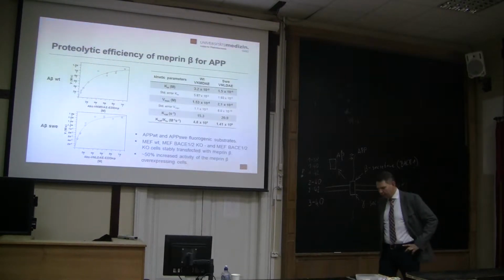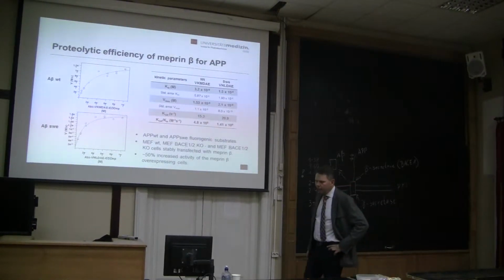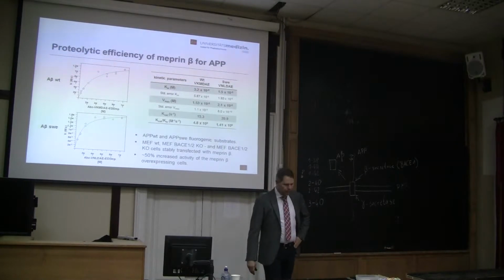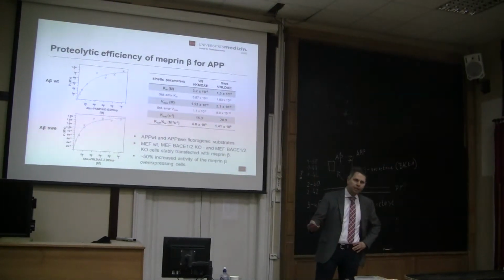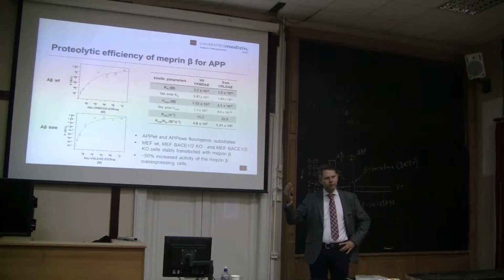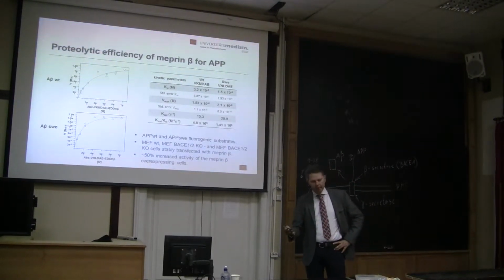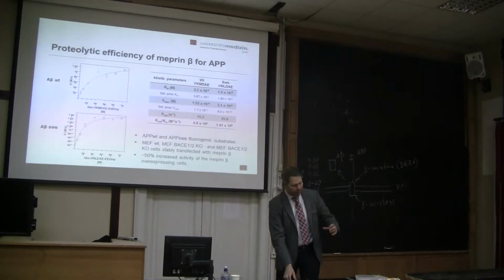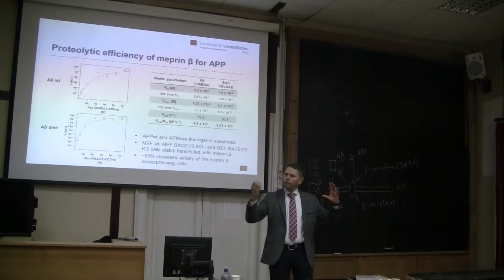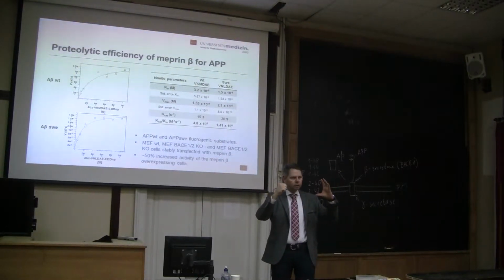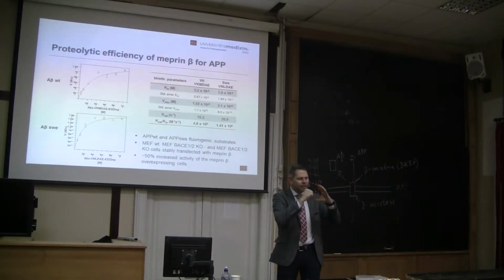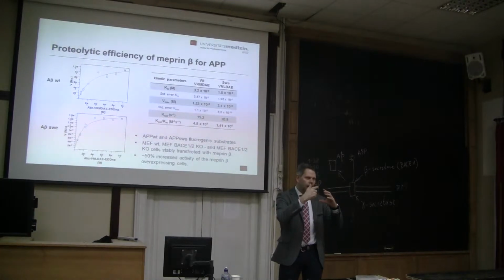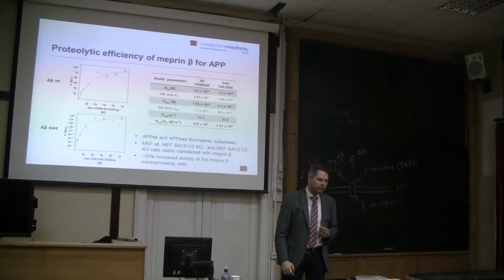So we did some basic biochemistry and performed some kinetic analysis where we analyzed the affinity of a substrate to an enzyme. If you don't know what that is, it basically tells you the likelihood of binding of a substrate to an enzyme, and how fast the enzyme will then catalyze the cleavage.